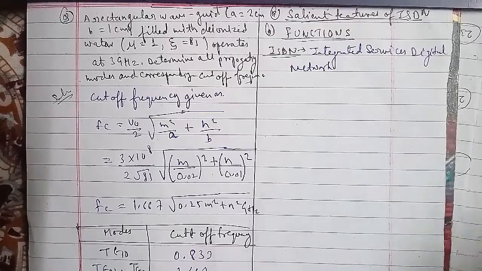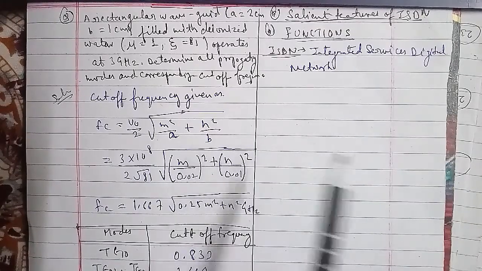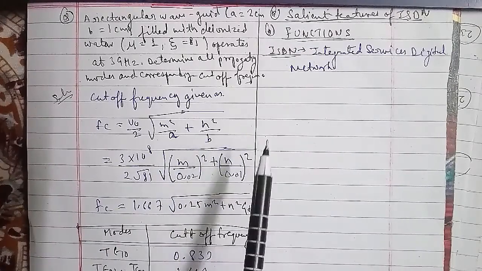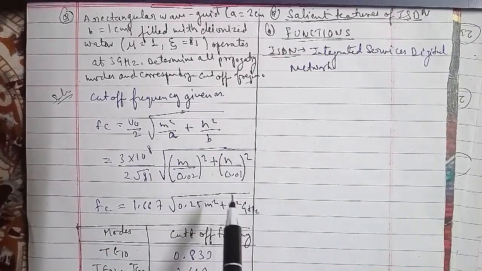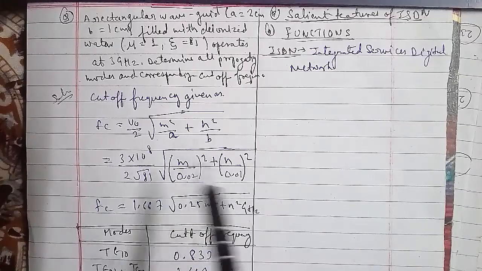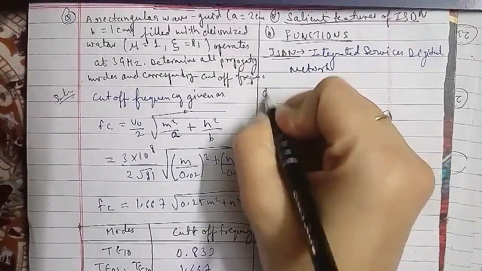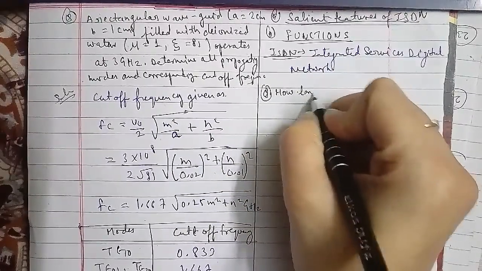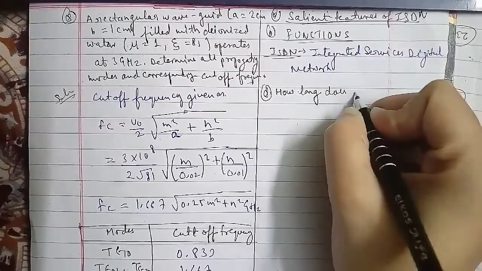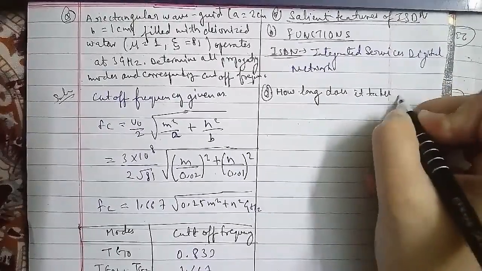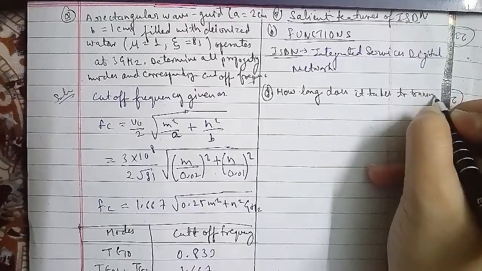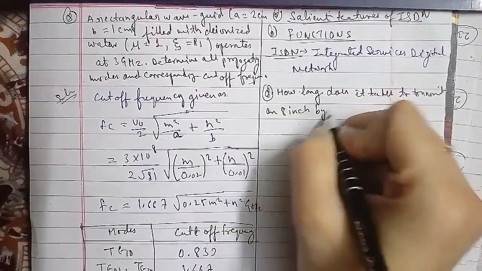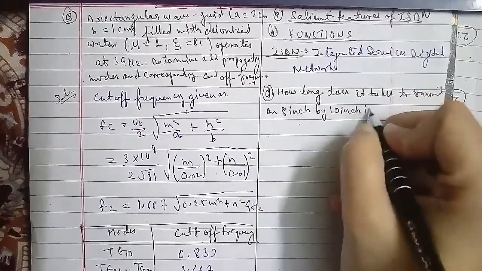Now we'll discuss the sort of numerical that they can ask you, and they had asked this question for 5 marks: how long does it take to transmit an 8-inch by 10-inch image by facsimile over an ISDN B channel?